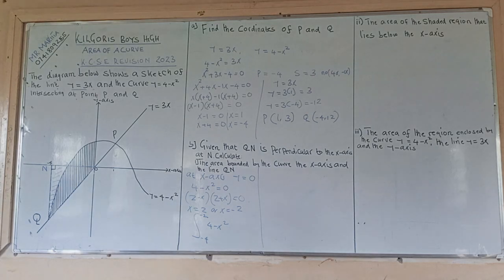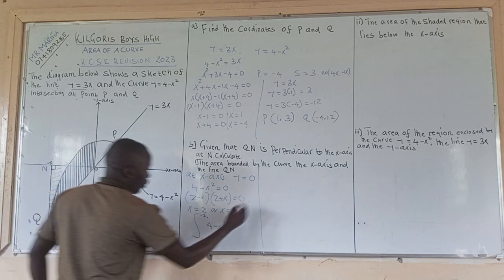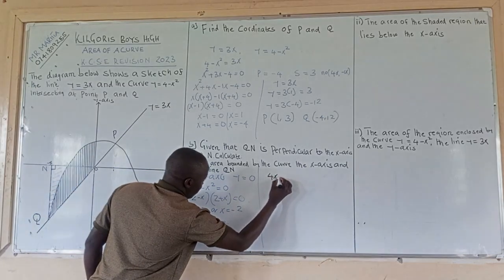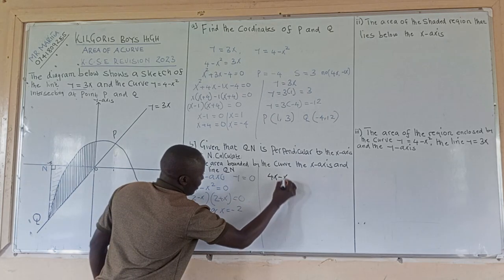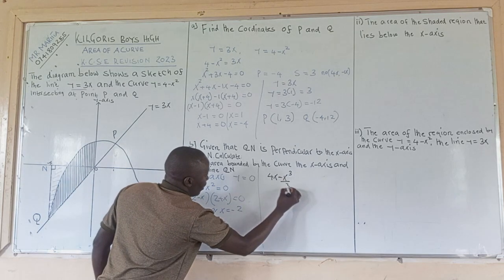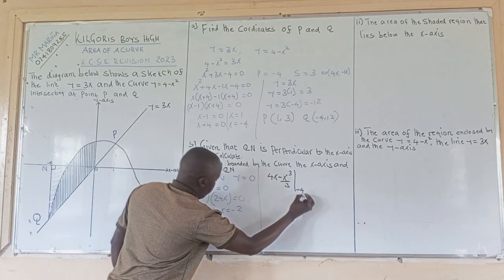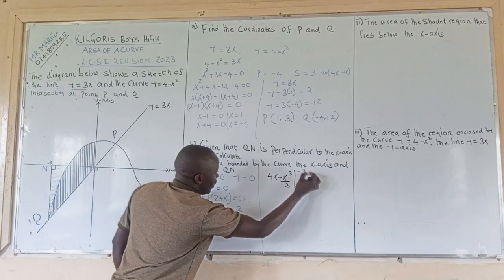If we integrate that, we have 4x minus x raised to power 3 over 3, with limits of integration negative 4 and negative 2.